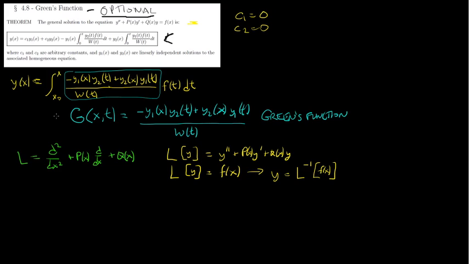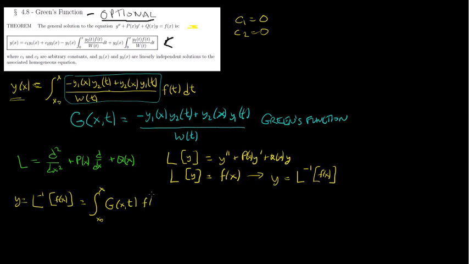And in fact, we just did that. This is our y of x. So this inverse operator L inverse applied to f of x is really just this integral here. It's the integral from x0 to x of Green's function g of x and t times f of t with respect to t.